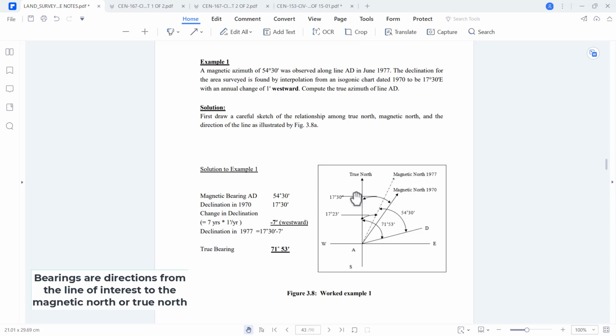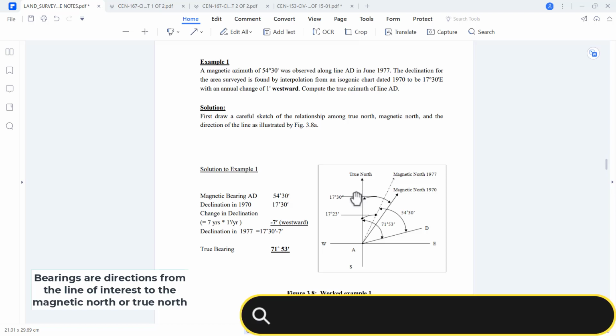And you have to note that whenever the declination is referred to be in the west, it is a negative declination. And when it is being referred to be in the east, it is a positive declination. So let's say I've been given a declination here. Now I have to get my true north.